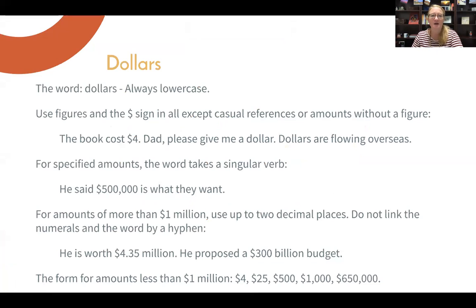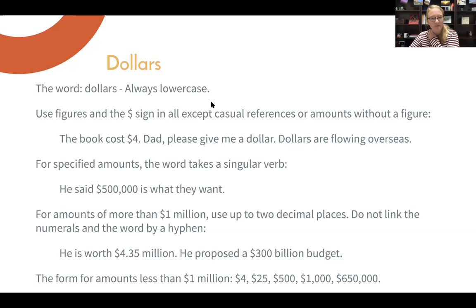So first of all, when you're talking about money, I just called it dollars. It could be any money, that cents, or if you are looking up money that is a different currency, like the euro or the yen, make sure that you find out the AP style specifics for that if you're ever in that case.